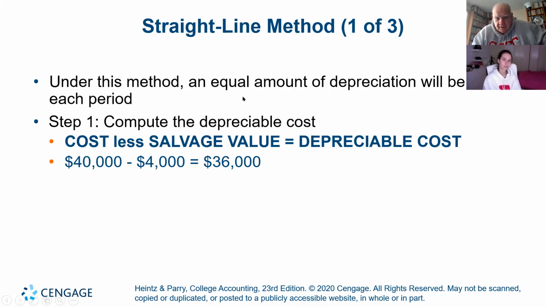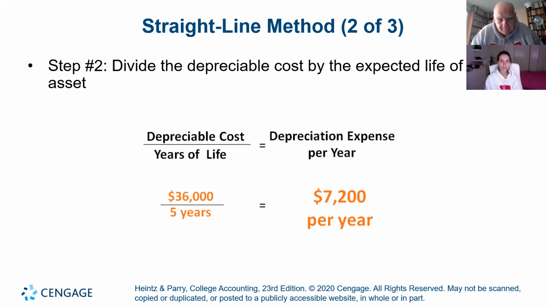So this is very important. Under this method, an equal amount of depreciation each period. Cost less salvage value is the depreciable amount, the depreciable cost. So we're going to take 36,000 divided by 5 years or 60 months to get our number.